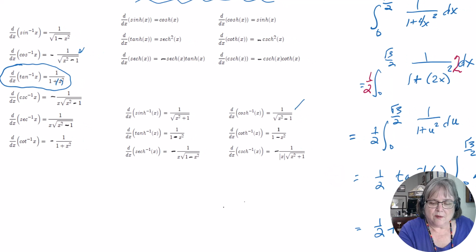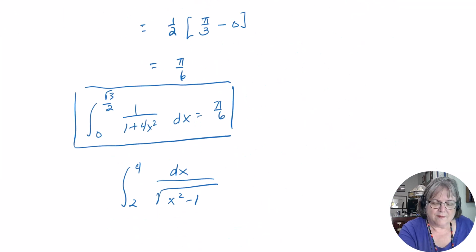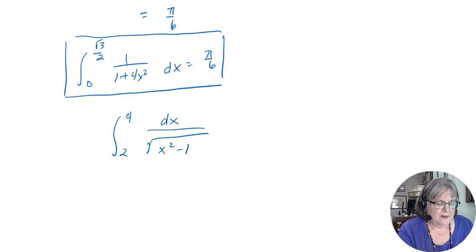Here's an x squared minus 1 that doesn't have a negative. Let's do that one. Okay, so this would be the inverse hyperbolic cosine from 2 to 4.